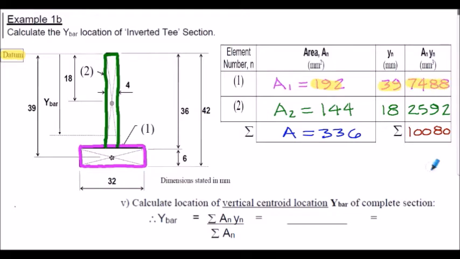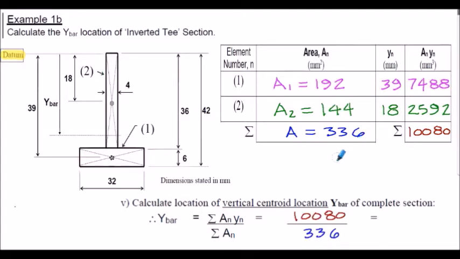And for element number 2, the area is 144 millimeters squared multiplied by the 18 millimeters from the top datum, so 2,592 millimeters cubed is the first area moment for element 2. So our area summation as before is 336 millimeters squared, and summating our area moments this time gives 10,080.